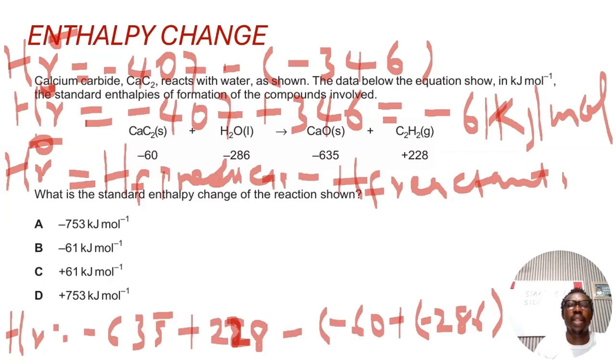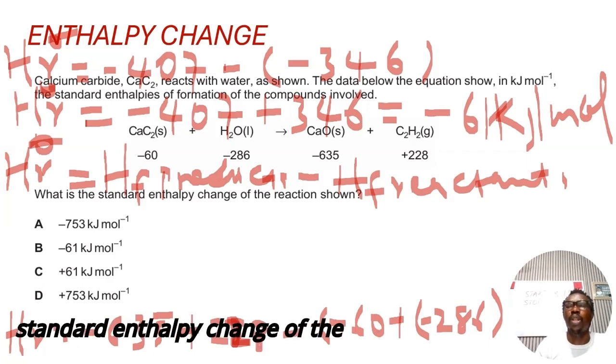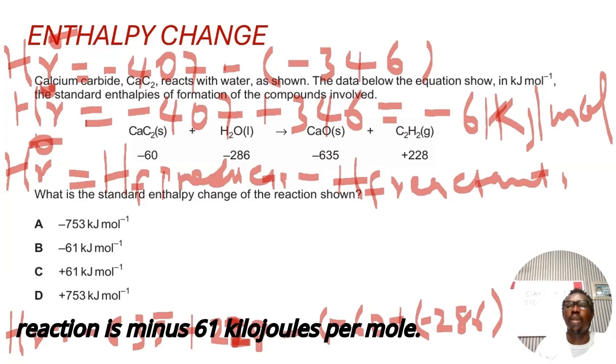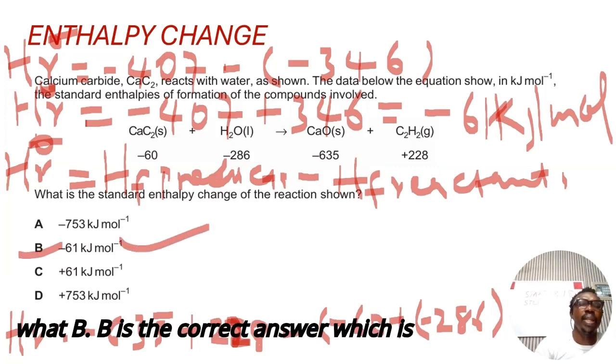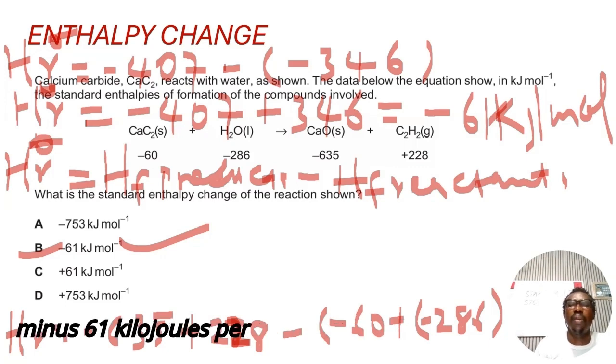So what is the standard enthalpy change of the reaction shown? The standard enthalpy change of the reaction is minus 61 kilojoule per mole. So the correct answer to this question is B, which is minus 61 kilojoule per mole.